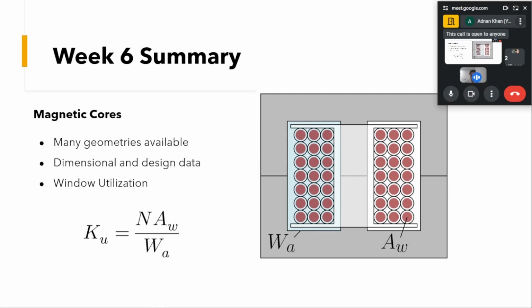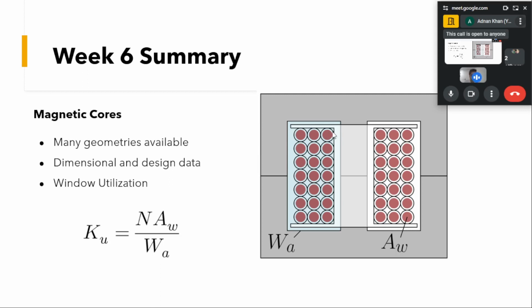What is being done is we have a bobbin, and on that bobbin we wind these wires, as shown here. There will be an n number of turns, and each of these wires will have some conducting area, given by AW. You can see this brownish area shows the conducting or copper area.